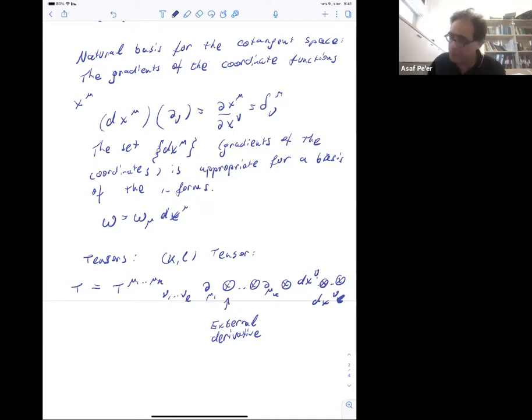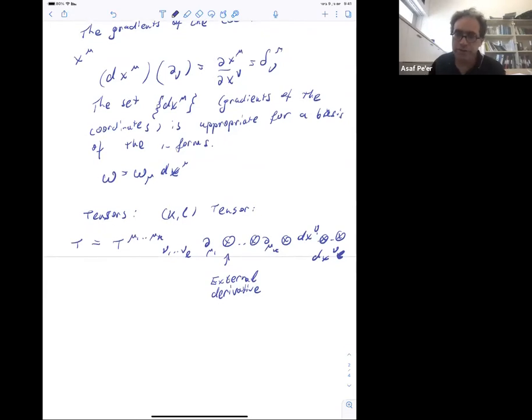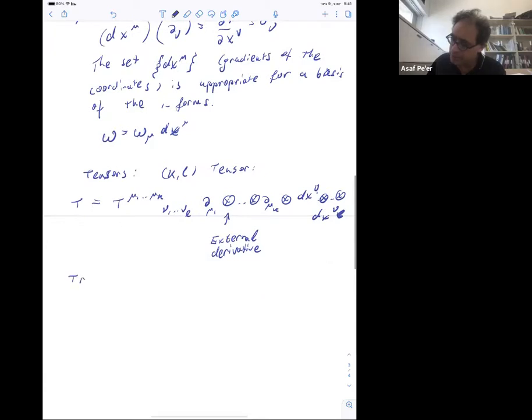And when we do it like that, then the transformation law of the components of T is exactly what we'd expect.